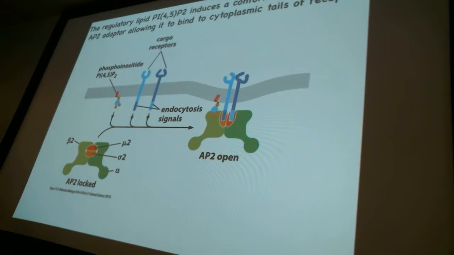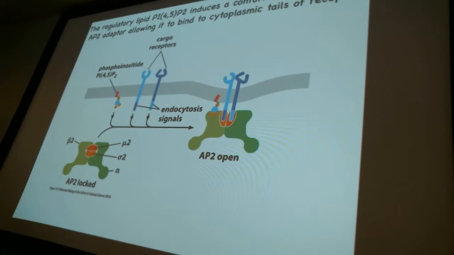So this is, again, the regulation. We're going through several examples here of how proteins that are in the cytosol get recruited, and then they start the process. So I'm going to introduce one more concept here. We already went through the Rab proteins that are regulatory proteins, Rab GTPases, and the proteins that form coats, and then the proteins that promote fusion. Another very important class of regulatory proteins are actually lipids.